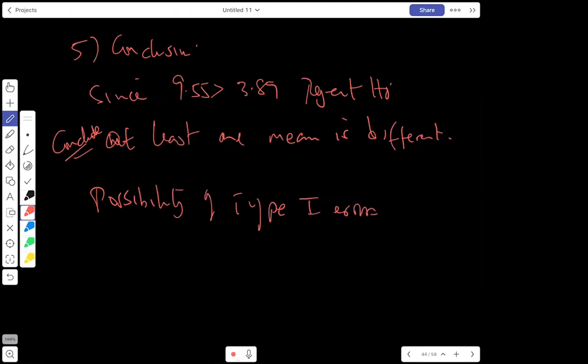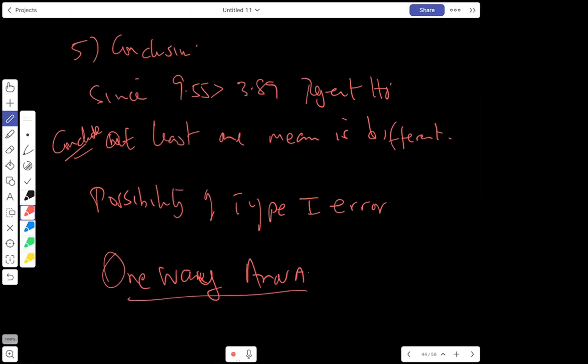Possibility of type 1 error. And that concludes what we call one-way analysis of variance, one-way ANOVA, or completely randomized design.